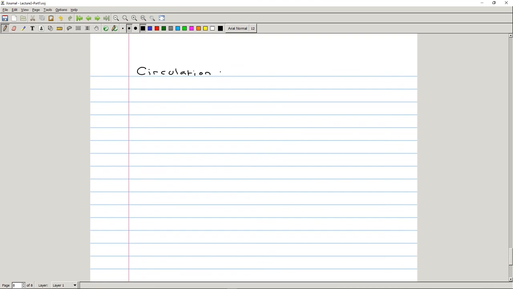The circulation of a vector field F around a closed curve C. So this is important. C has to be a closed curve. So we define the circulation of a vector field F around a closed curve C as the following.